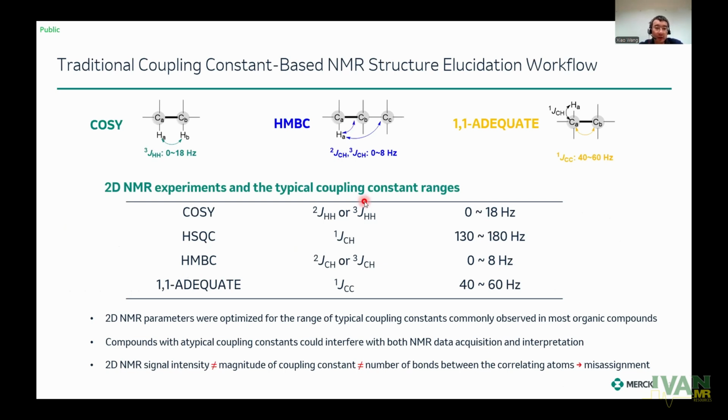In our traditional structure elucidation workflow we have used for decades, we usually use a series of standard 2D experiments like COSY, HSQC, HMBC to solve the molecular structures. All these 2D NMR experiments rely on the through-bond couplings between NMR active nuclei, and the coupling constant is actually the cornerstone of all these experiments.